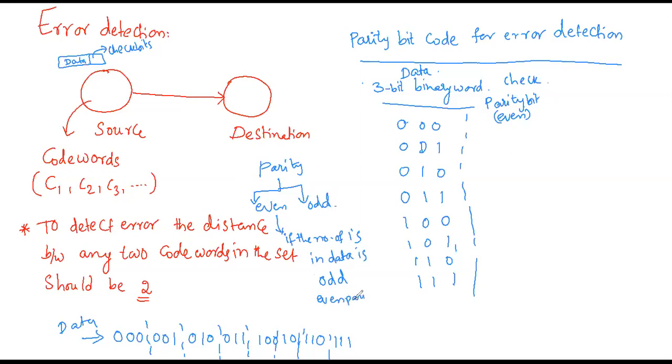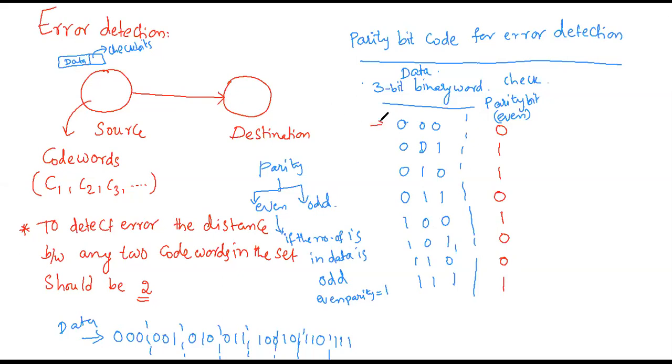Like that, write down. Now I am writing: number of ones in the data is 0, 0 means even, so for even it is 0. Number of ones odd, so 1. Number of ones even, so 0. Odd, 1. Even, 0. Even, 0. Odd, 1.